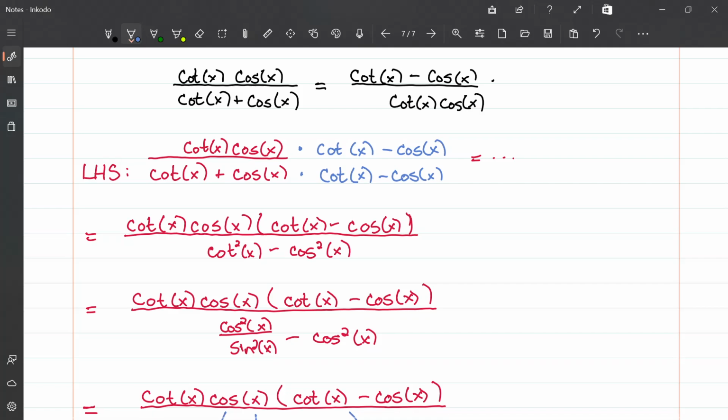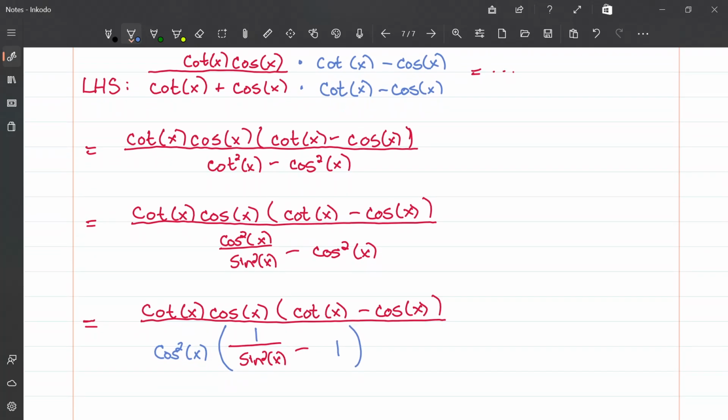Went a little bit off screen for that one, so let me just scroll down a bit. There you go. You can see the difference between what I wrote before. All I've done is pull cosine squared out of both of these terms, put it on the outside, and now I've surrounded these terms in parentheses to indicate the distributive property. This certainly looks a little bit easier, so now I can work inside the parentheses.